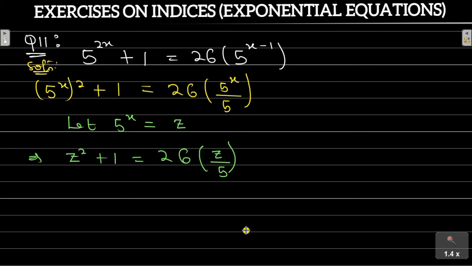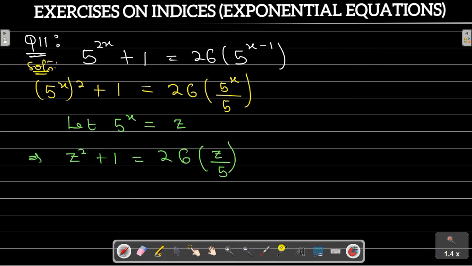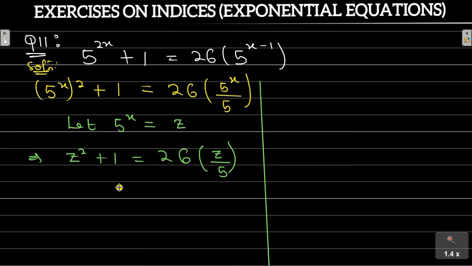At that point, I need to draw this line. It will help me. Now I can start simplifying. To simplify here, I need to clear this 5, and to clear this 5, I will multiply through by 5.